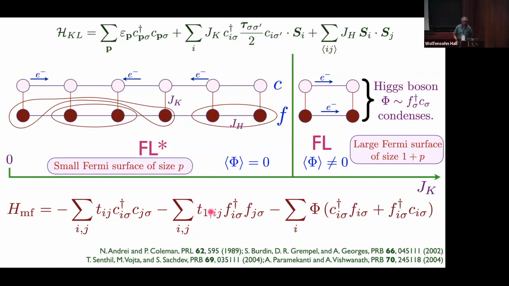Anyway, now once you're in this phase, because phi has condensed, the Fs effectively become electrons once you fix the phase of phi. And so this is just a simple two-band electronic Hamiltonian, and since it's free fermions at this point, it will obey the usual Luttinger theorem with density 1 plus p.